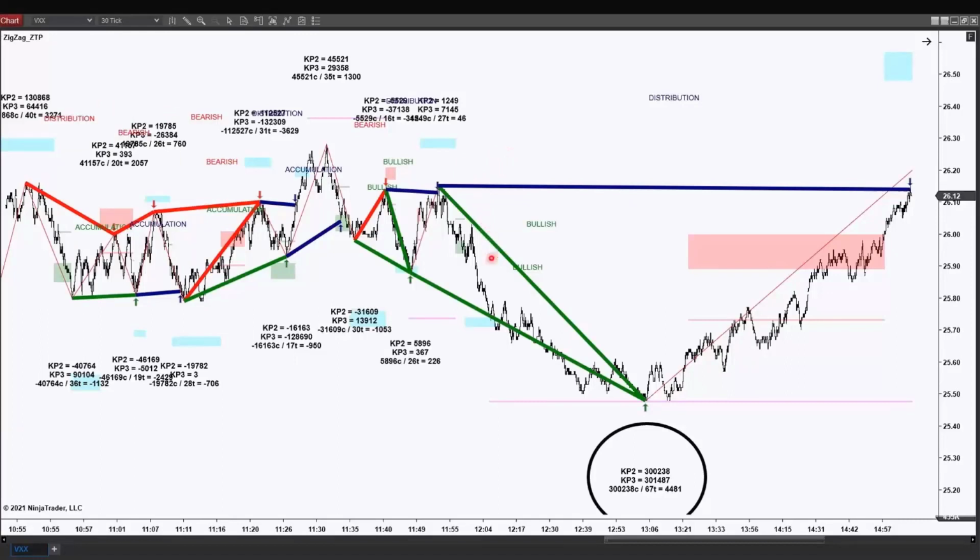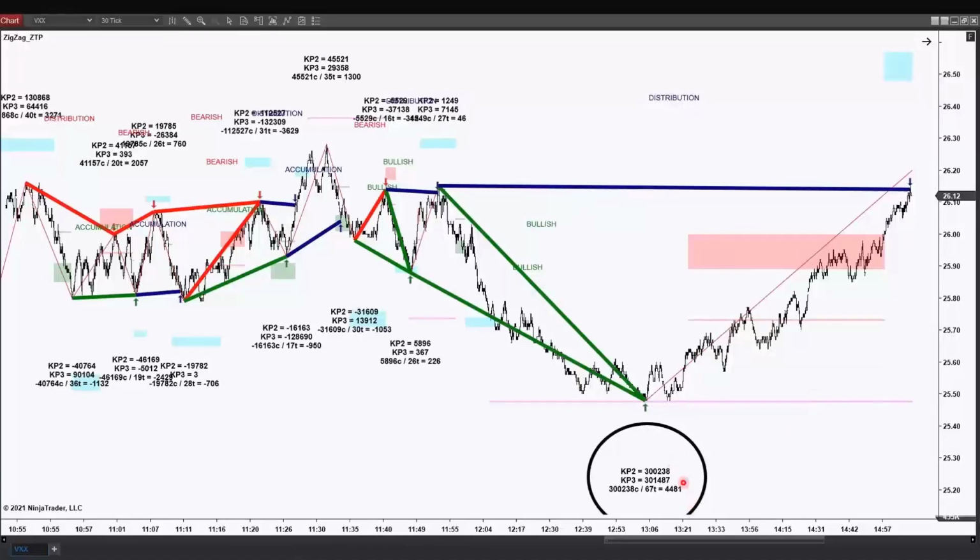Compared to the previous delta, where they were net long just 5,896 shares as price fell 26 cents. When it rose here, it rose on only 1,200 shares when it was rising that 27 cents. So we can see how 300,000 is a pretty big number.